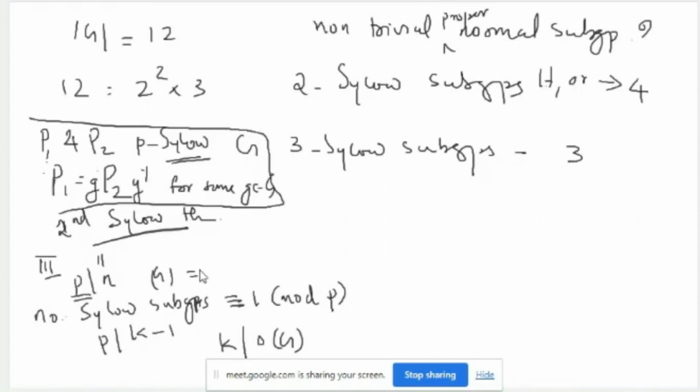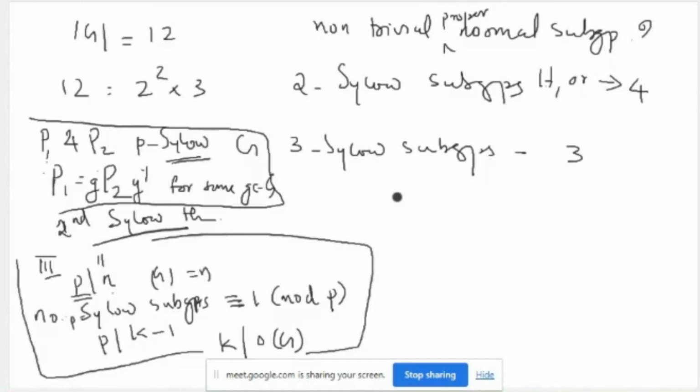Using this idea, if we count the number of Sylow 2 subgroups in a group of order 12, what is this number? It should be congruent to 1 modulo 2 and divide the order of G, that is 12.